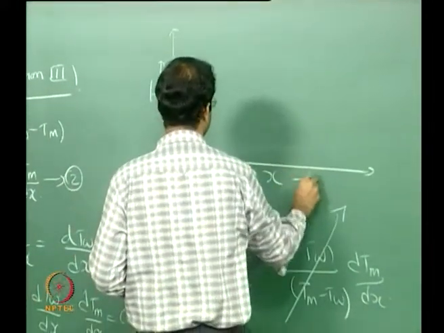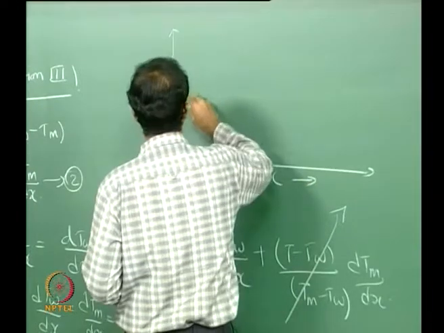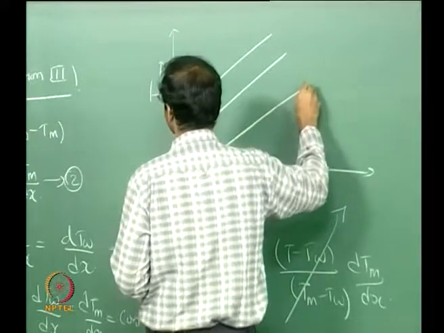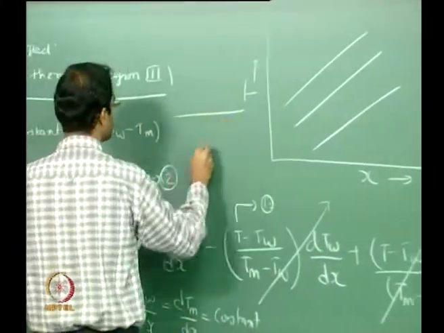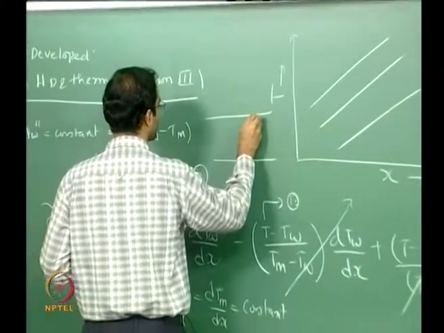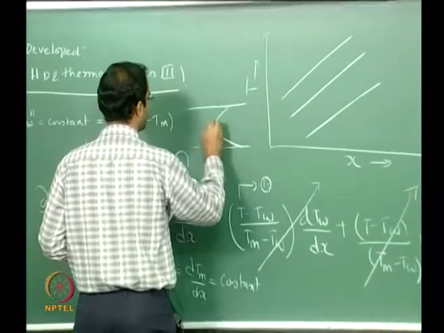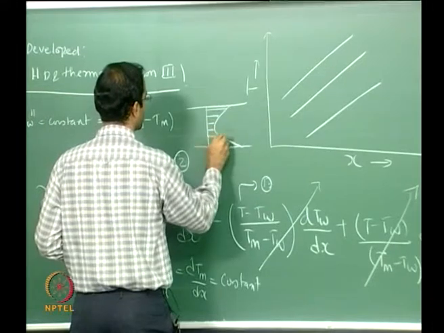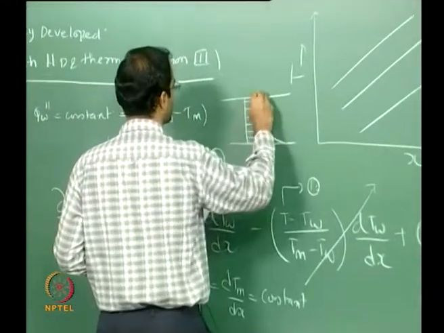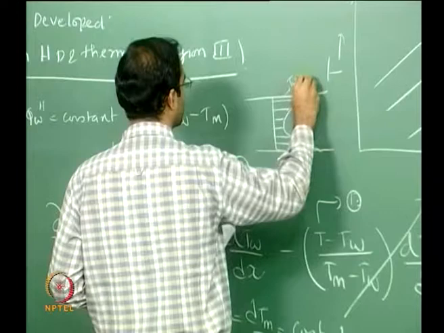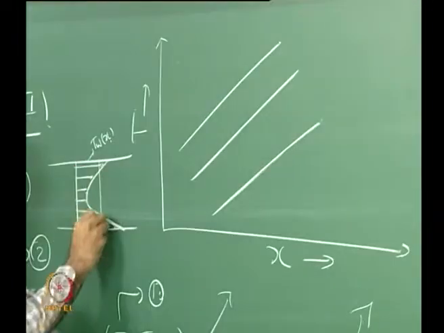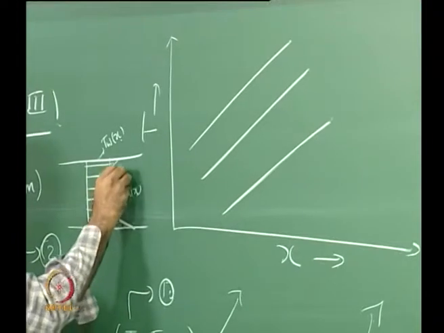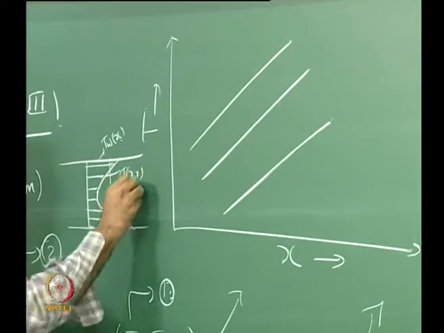Therefore, if you plot the variation of temperature axially, you can visualize, for example, a temperature profile where you have T wall of x here, you can calculate Tm of x, and of course this is your T of x comma r.